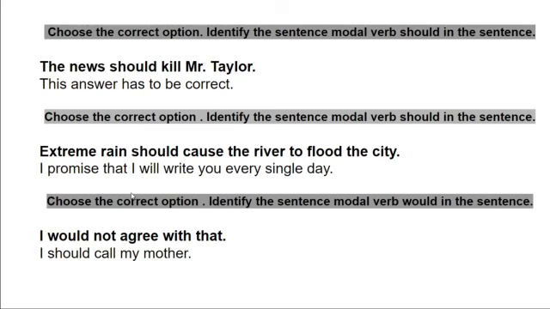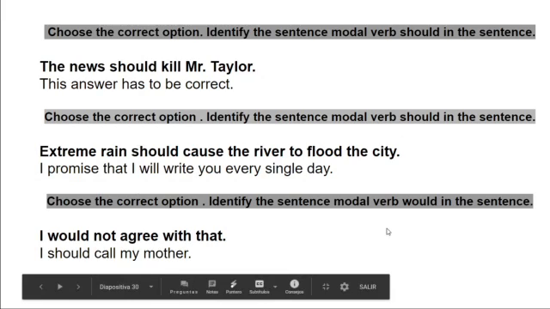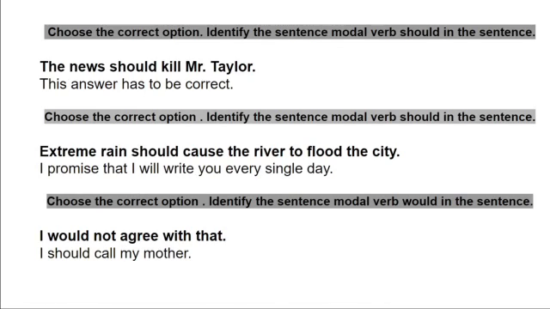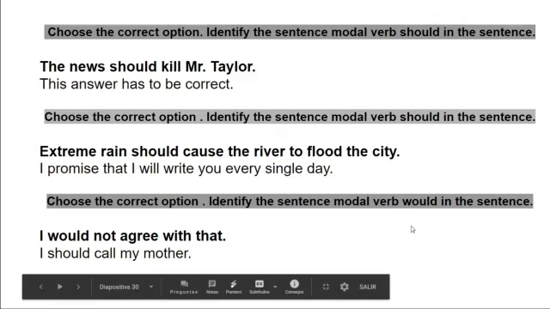Next. Choose the correct option. Identify the sentence modal verb would in the sentence. Okay. Now is the same, but in this case you have to identify the modal verb would. Vamos a identificar la oración que utilice el modal verb would. The first option, I would not agree with that.